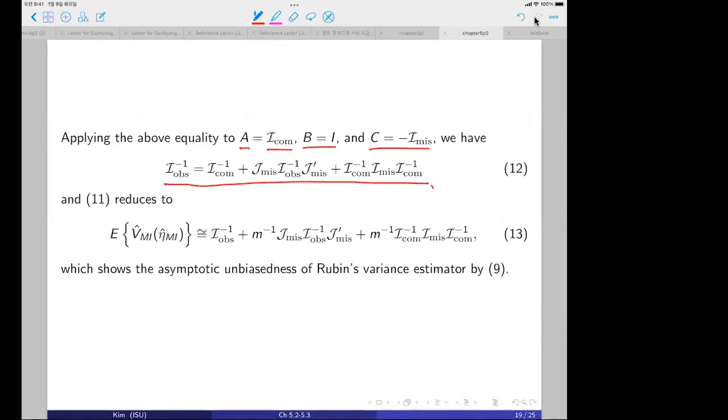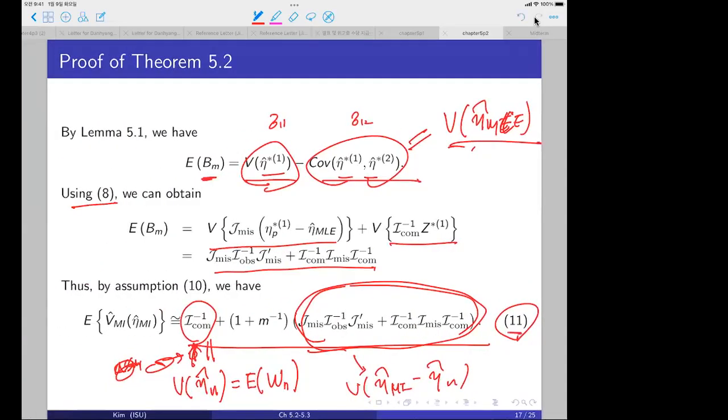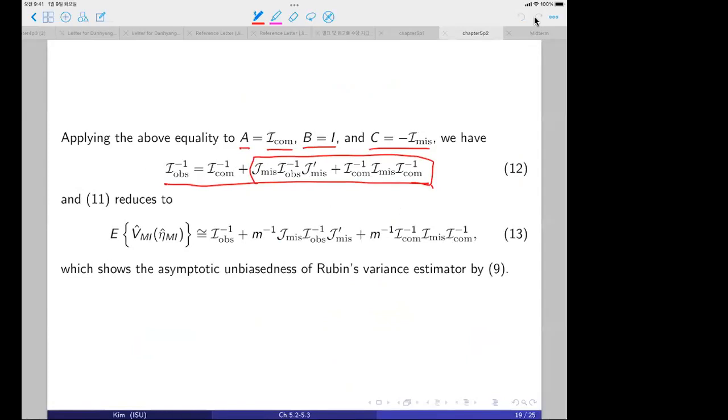And then see, these last two terms are actually what we have seen in 11. Okay. So these last two terms are nothing but I_obs inverse minus I inverse.